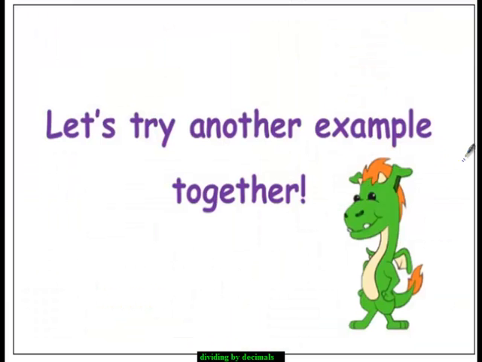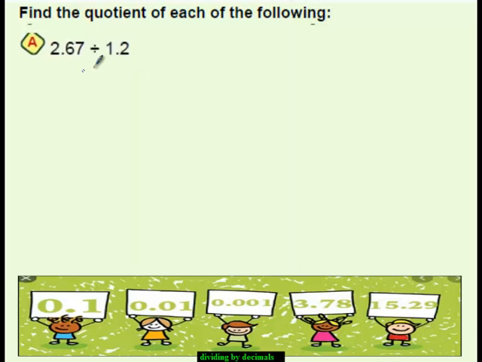Here, let's try another example. Here I have the number. I want you to get your calculator and try it alone and then check your answer. Okay, here is the number. What should I do? I can't have any decimal in the divisor, so I have to get rid of it.